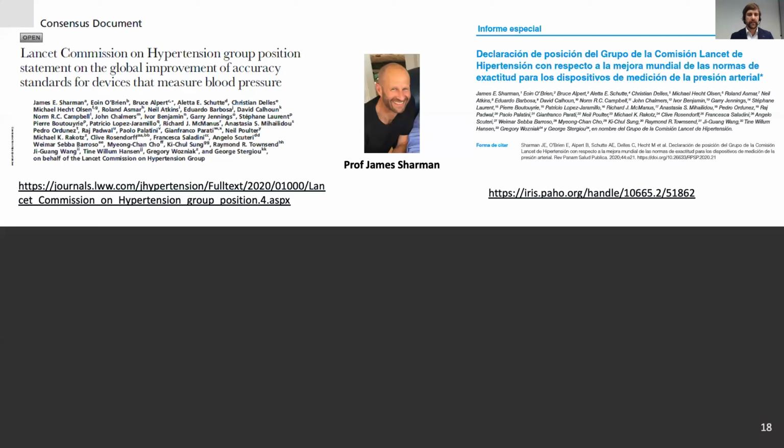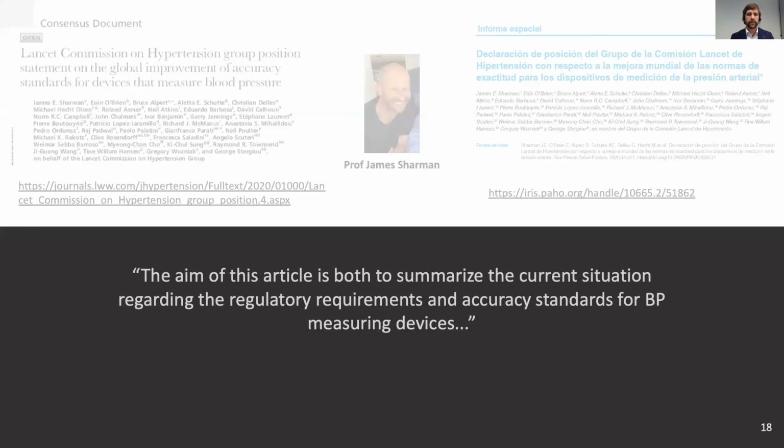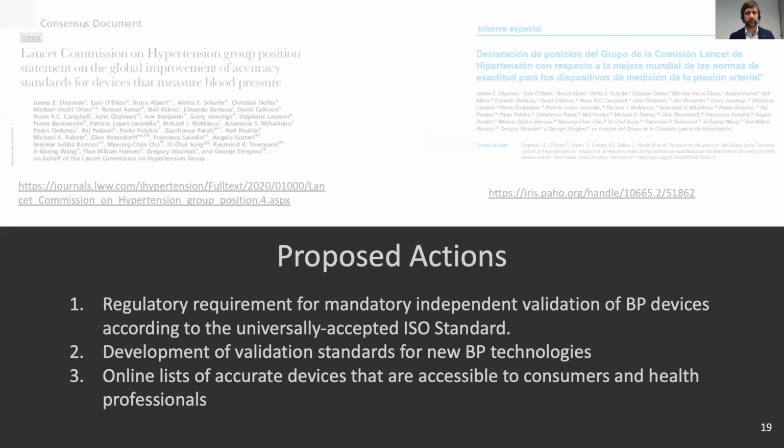And the aim of this position statement was, next slide please, to summarise the current situation regarding regulatory requirements and accuracy standards for blood pressure measuring devices. So taking the first steps towards understanding the situation. And they propose that there should be a regulatory requirement for mandatory independent validation of blood pressure devices according to the new ISO standards, so the 2018 standard.